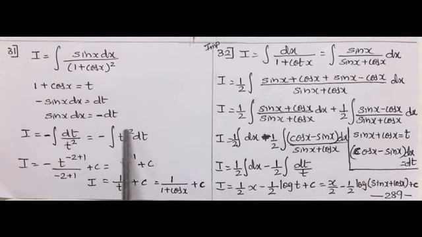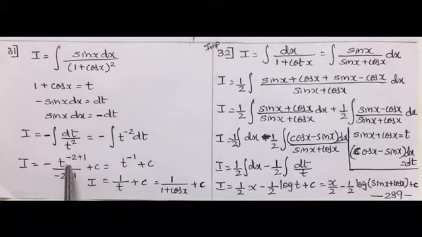Now integrating t raised to minus 2 in n plus 1 upon n plus 1 form, we get I is equal to minus t raised to minus 2 plus 1 divided by minus 2 plus 1 plus c.